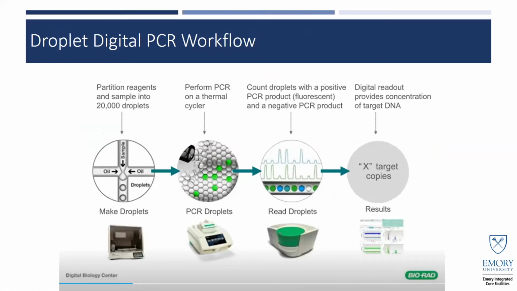And you're able to see that, depending on the quantity of your target, some of these droplets will amplify and not in others. And so it quantitates your PCR product, and you're able to determine the percentage of cells that are the target cells that you want.